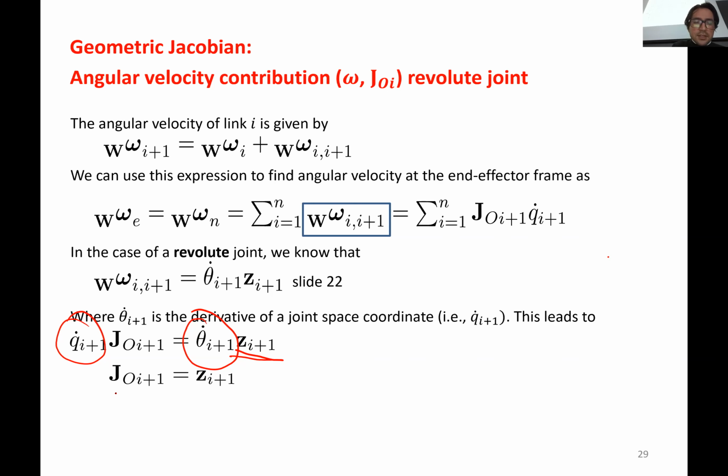So what we find out is that J_Oi plus 1 becomes z_i plus 1, which is in this case just 0, 0, 1. Okay, good.